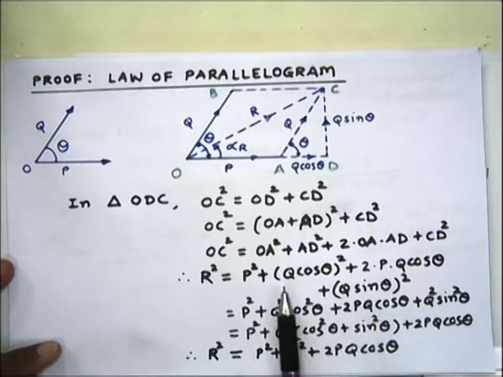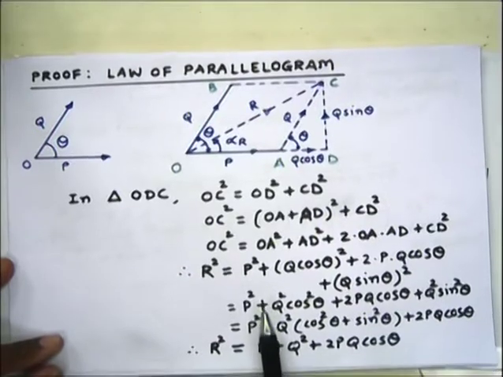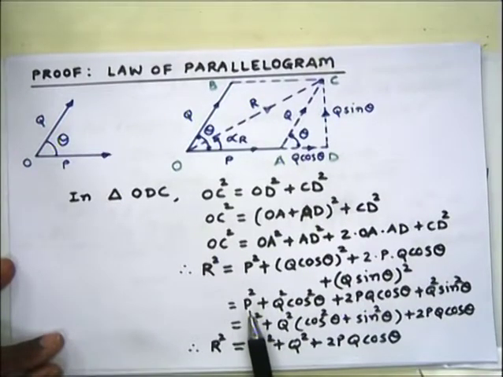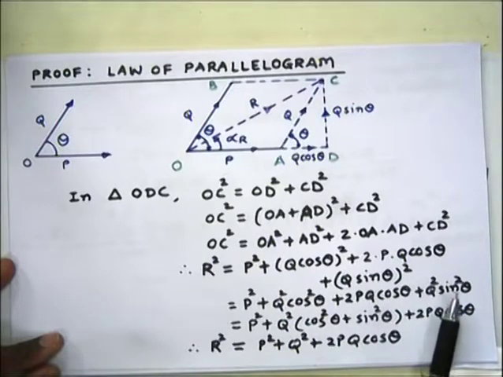Putting all these values here, we get P square plus Q square cos square theta plus 2PQ cos theta plus Q square sin square theta.